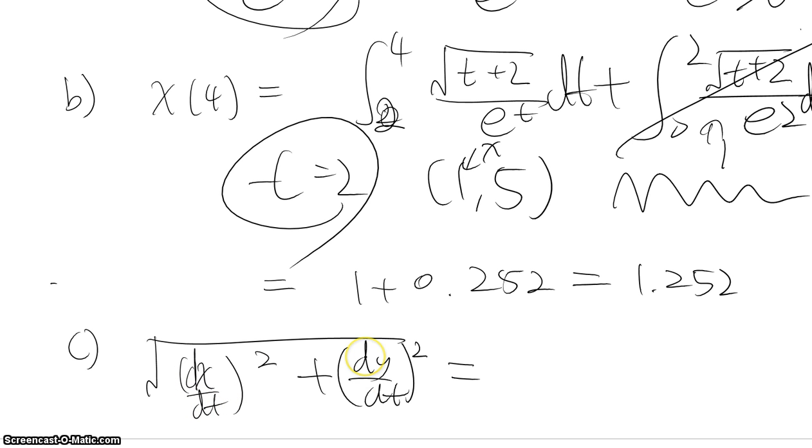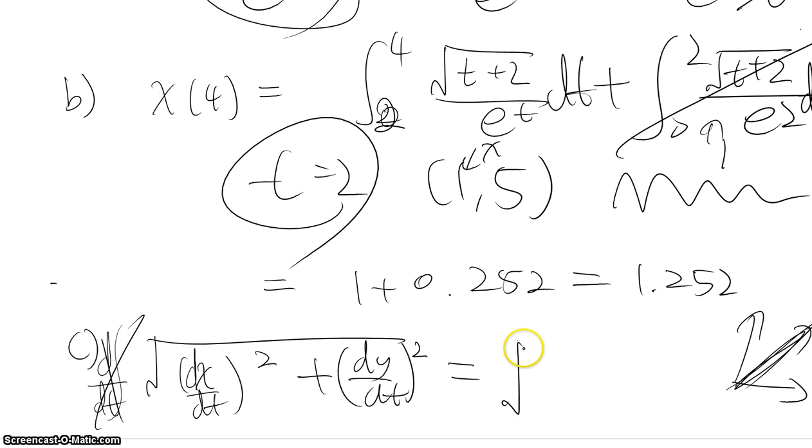This is just physical stuff: when things are moving in the x direction and y direction, you just want to get the diagonal speed. You know the x speed and the y speed, and you just want the whole diagonal speed. You plug in the numbers at time equals 4.